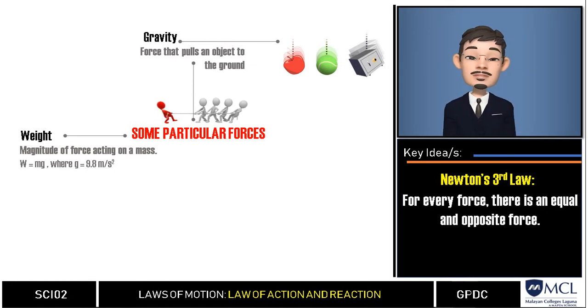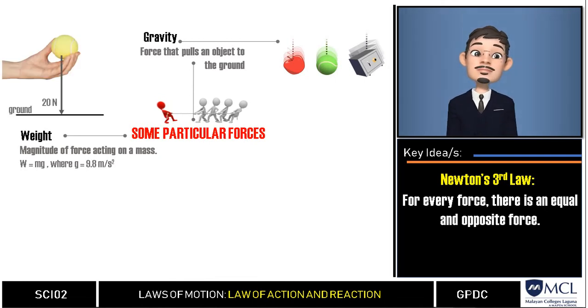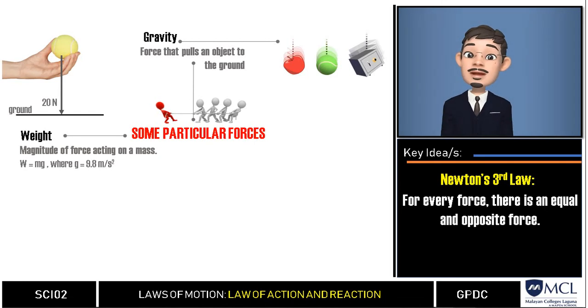As a type of force, weight is the magnitude of the net force required to prevent a body from falling freely to the ground. Say you are holding a ball and the gravitational attraction of Earth on the ball is 20 newtons. To keep the ball at rest, your hands need to exert an upward force to balance this. We can say then that the ball weighs 20 newtons.